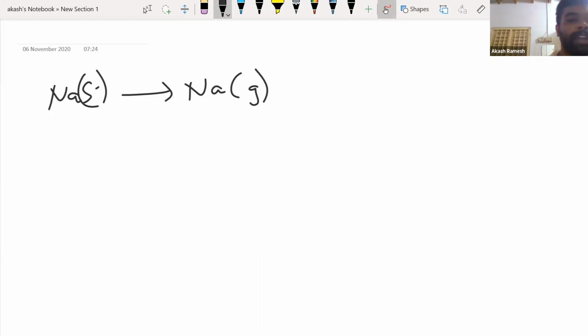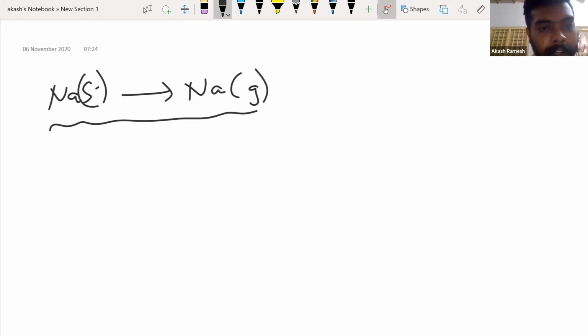Okay, fine, people. Now tell me, for this particular reaction which I wrote here, sodium solid to sodium gas, what do you think is the enthalpy I must write? There will be some enthalpy associated with this.